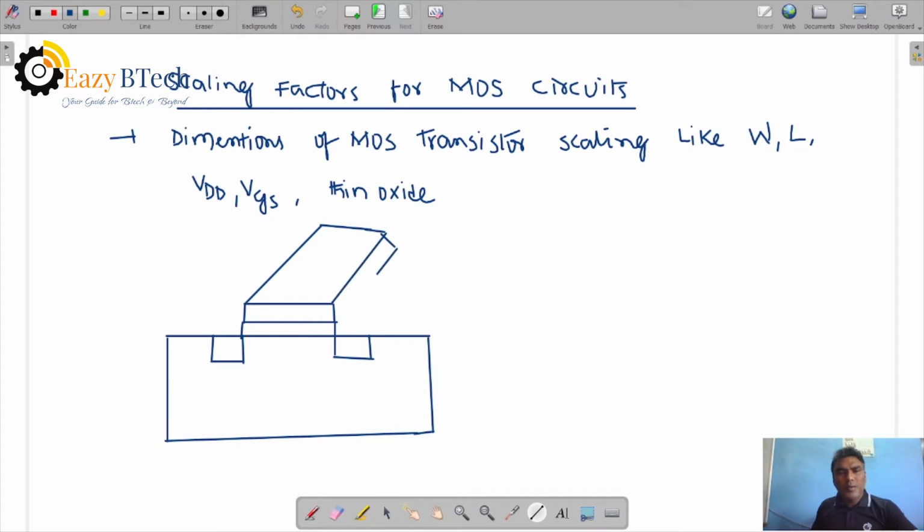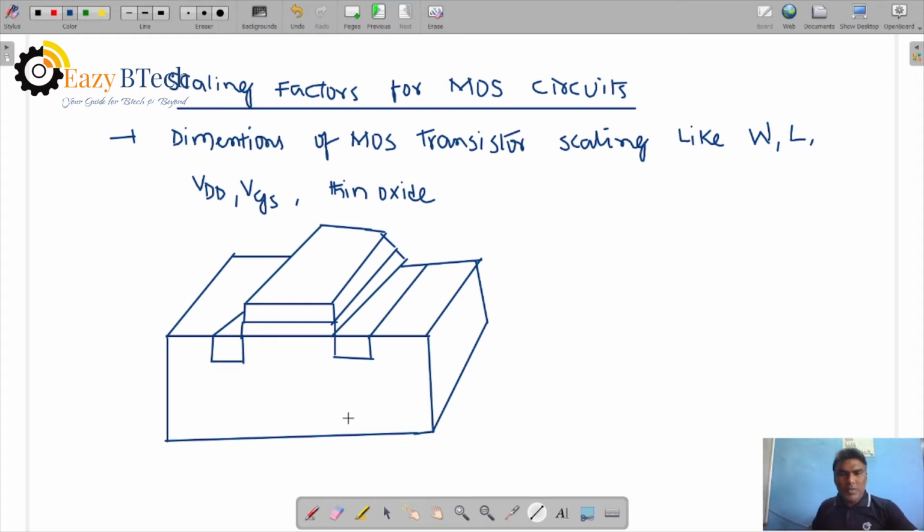This is SiO2 layer. This is the structure of a MOS transistor. Yeah, you can see this one.